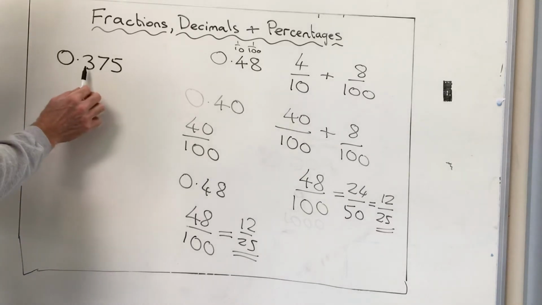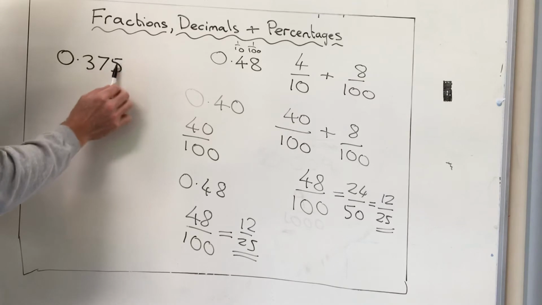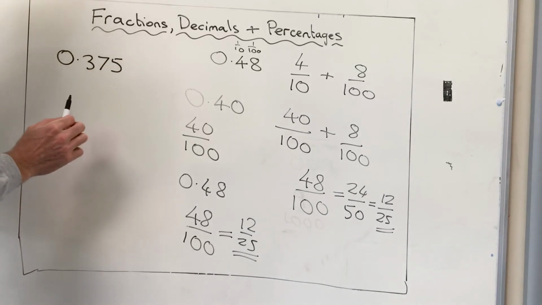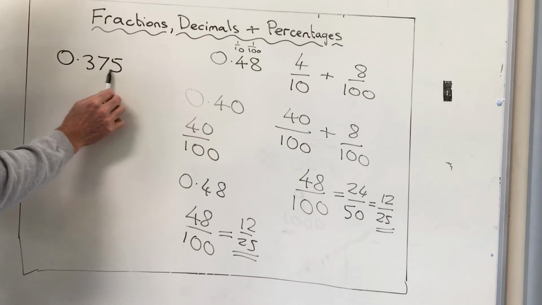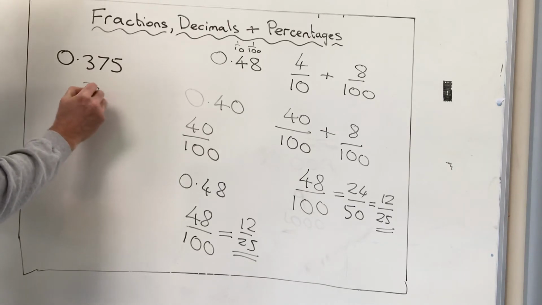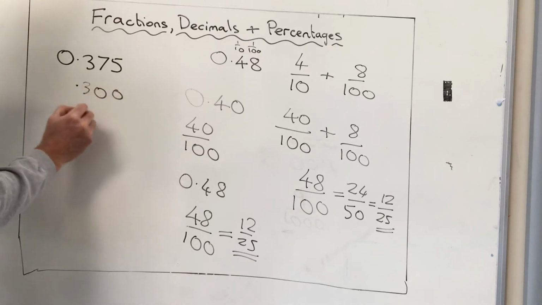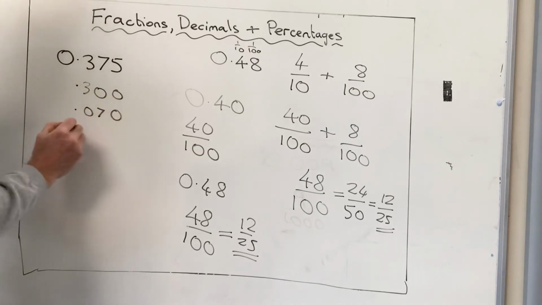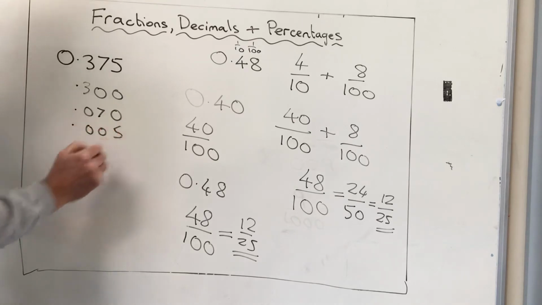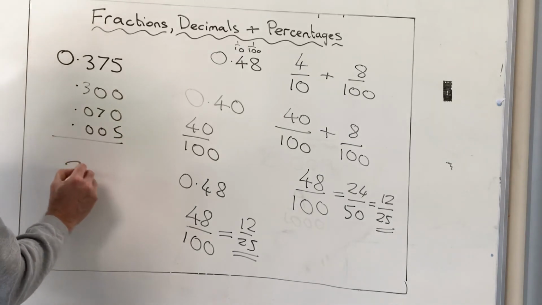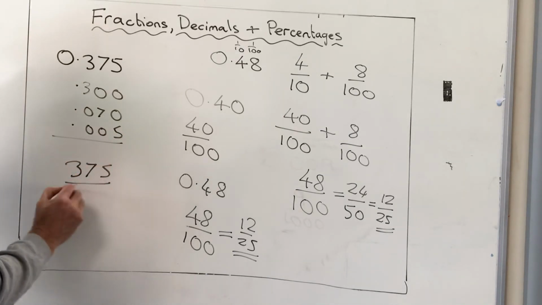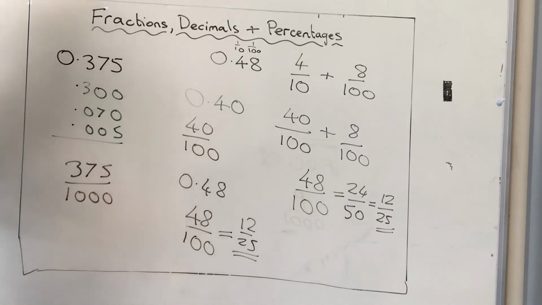So we need to convert them all into the smaller number, the 5/1000. We need to convert them all into thousandths. And we can simply say, well, that's 300/1000, that's 70/1000, and you've got 5/1000. So in total, we have 375/1000. Now that's your fraction, which we need to convert into lowest terms.